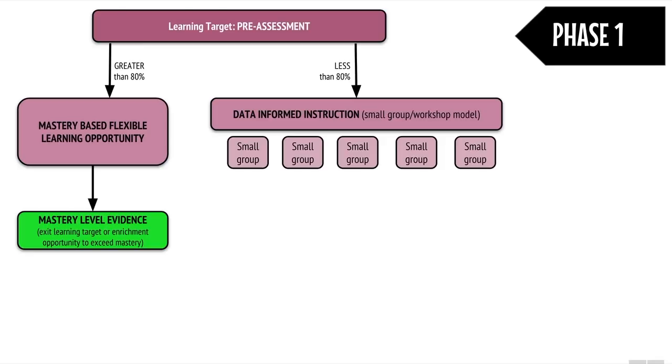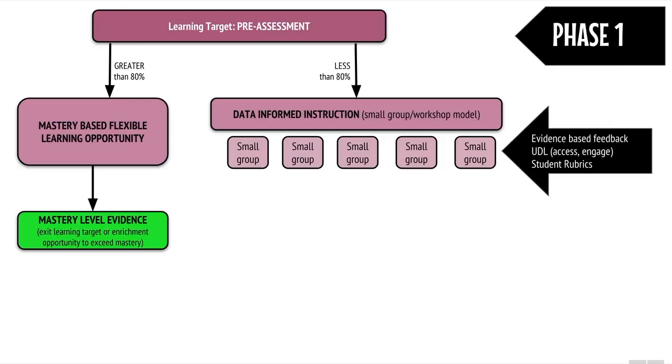Okay? Now this is where teacher feedback comes into play. Okay, this is where the components of UDL, universal design, come into play. Kids should have opportunities to access the learning in multiple ways. They should have opportunities to engage with the learning in multiple ways. Again, this is where student rubrics and checklists and learning progressions come into play.